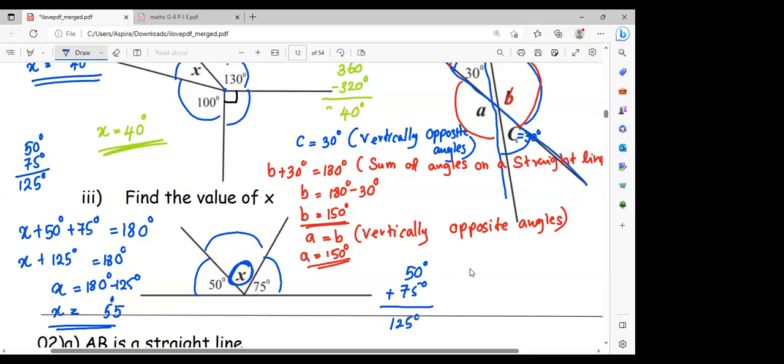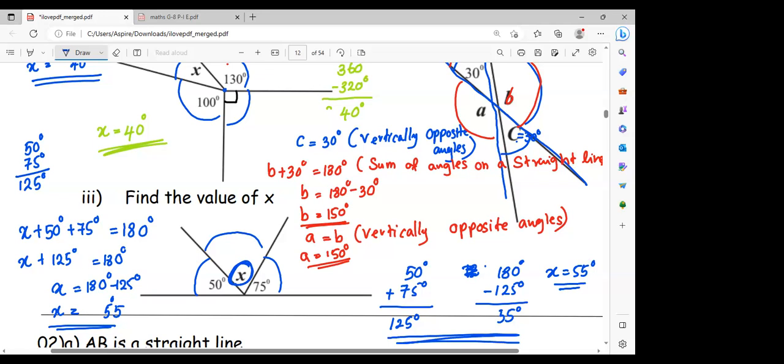Then after that, subtract that value from 180, because we know the sum of the angles on a straight line segment equals 180. So it is 55. So you can write x equals 55. By using steps like this, you can also reach the answer.